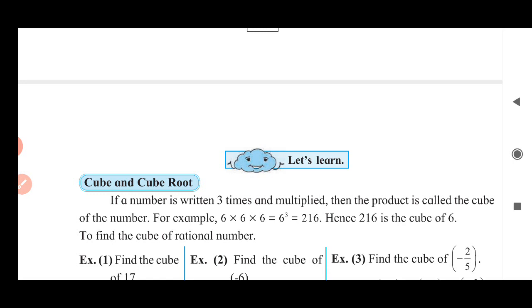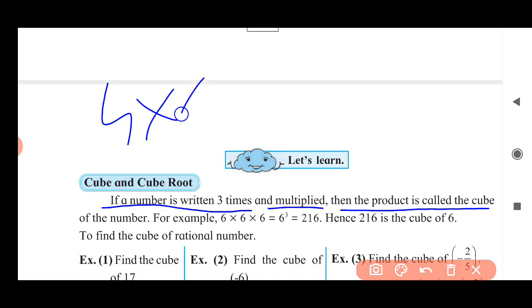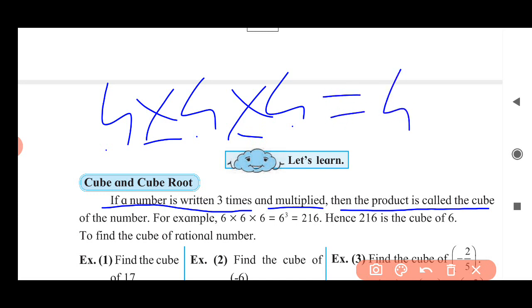What does the cube of a number mean? If a number is written 3 times and multiplied, then the product is called the cube of the number. Suppose the number 4 multiplied by 4 multiplied by 4, which means the number is taken 3 times and multiplied, then the product is called the cube of the number. So 4 raised to 3.